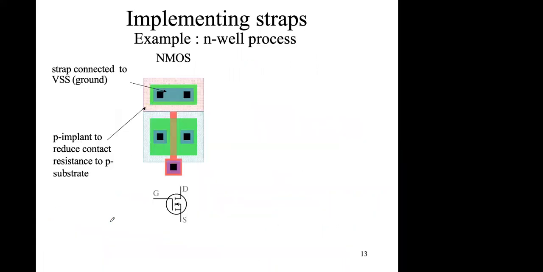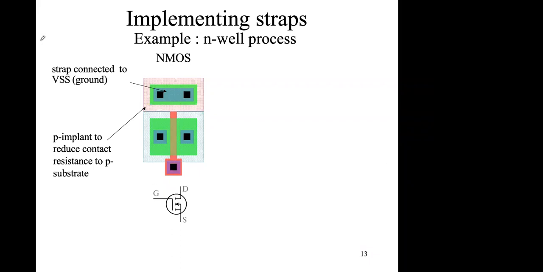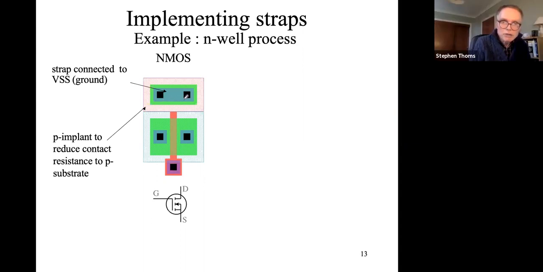So how does that work? Well, if you're looking at a single transistor, what we've got is your source, drain, and your gate here. And we then have a strap locally connecting it to ground.